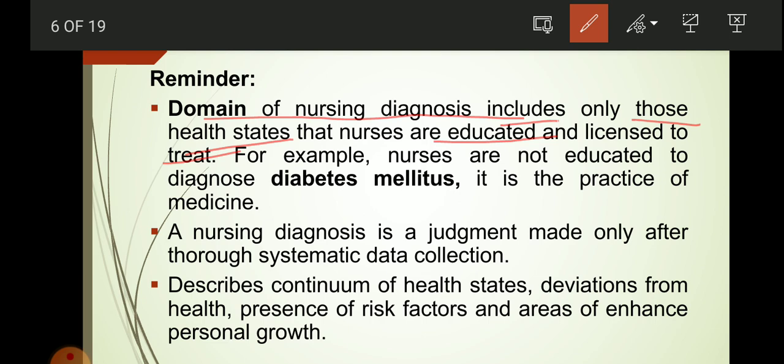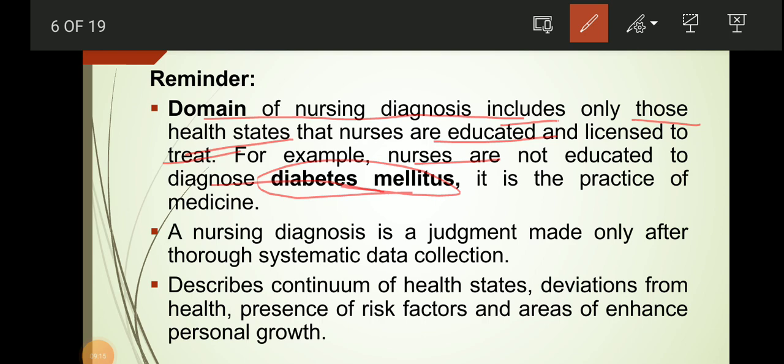So, I know it sounds confusing sa inyo kasi first year pa mo. But you know, guys, as you go along, nursing is an interesting subject, especially when you reach your third year college. Kasi dito na ninyo ma-encounter mga different diseases, different illnesses, in different systems of your body. For example, nurses are not educated on diabetes mellitus.